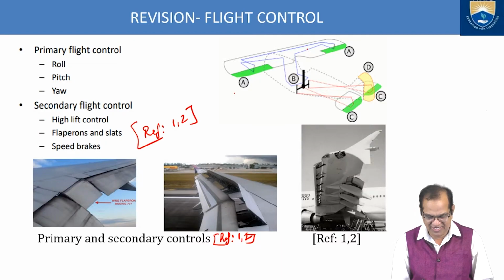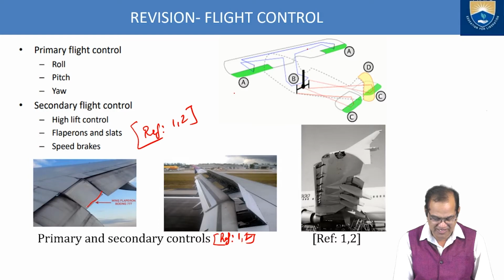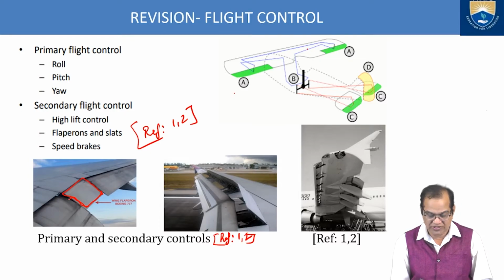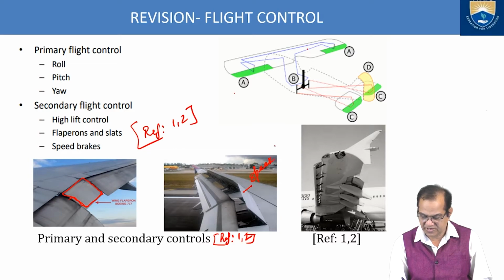Here, primary and secondary, you can see flaperons here. These are the flaperons. They act as a flap and as ailerons. Here you see the speed brakes, also called spoilers.